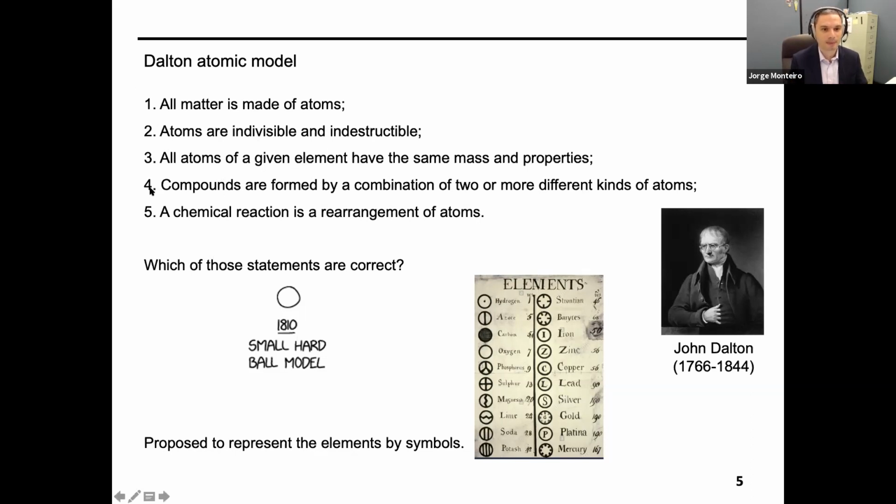Okay. Compounds are formed by a combination of two or more different kinds of atoms. And fifth point, a chemical reaction is a rearrangement of atoms.